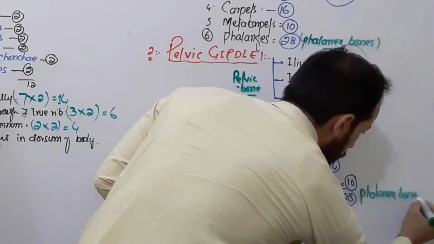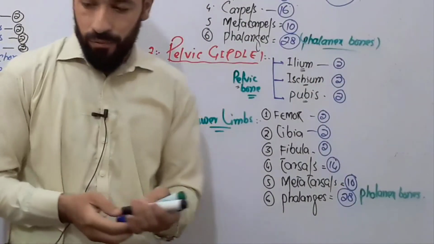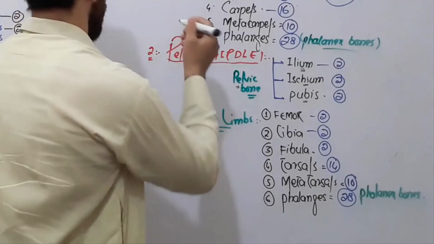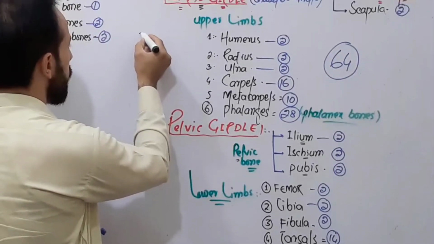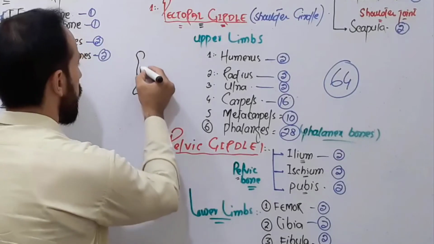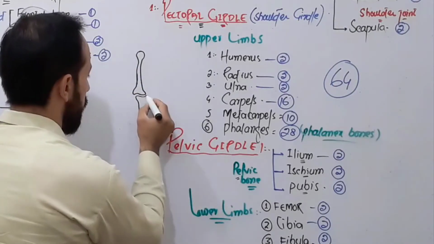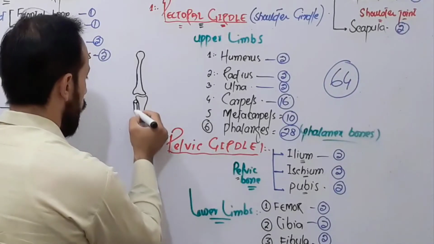So 28 phalanx bones, right, friends? Okay, one thing we have to mention here, let me draw a diagram. This is your femur bone, and then here is your tibia, and then here is your fibula.